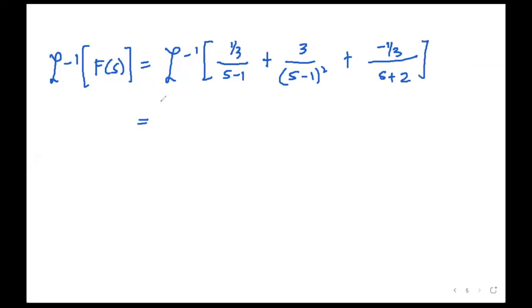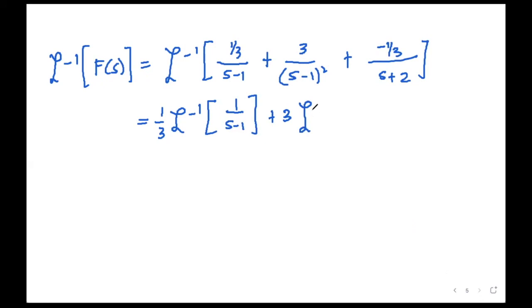For first term, so the resulting expression here inside the operator, recognizable na siya dun sa mga standard forms natin. So you have 1/3 inverse transform of 1 over s minus 1, plus 3.